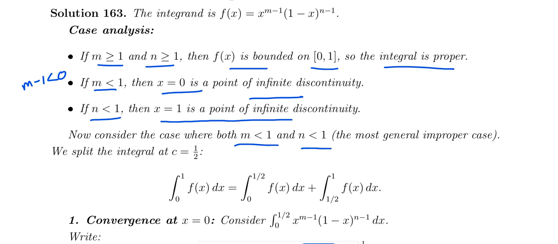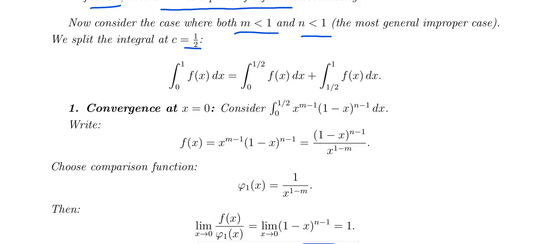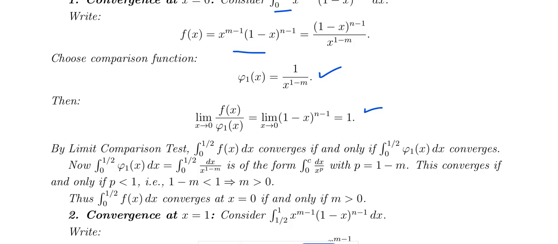When you choose any other point in between, c between 0 and 1, say 1 by 2, the integral 0 to 1 of f of x dx is split into 0 to 1 by 2 and 1 by 2 to 1. So we take 0 to 1 by 2. Then only 0 is a point of discontinuity, in the case where m minus 1 is less than 0. Now we can bring this down, since the exponent is negative, and take phi 1 of x and proceed, and we get the answer nicely. When we apply the comparison test, the integral phi 1 of x converges, therefore this converges. The given problem converges, right?